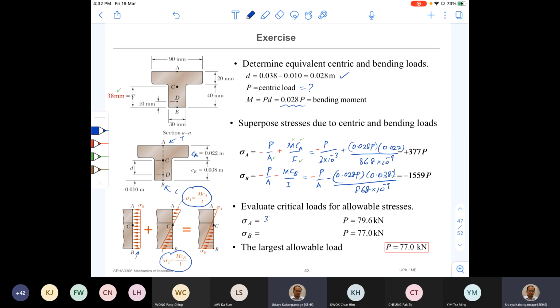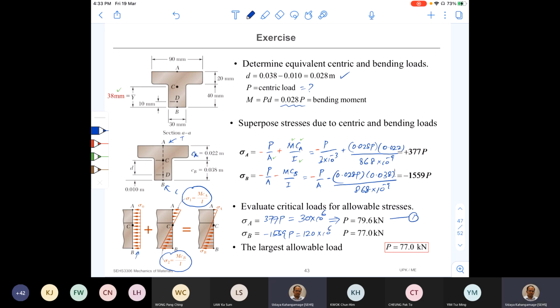Therefore, 377 P is the sigma A. It should be less than or equal to 30 megapascal. So I will use this equal sign to get the maximum value, 30 into 10 power 6. So you simplify this one, you can get the answer for P. This is the first one. And sigma B is negative 1559 P, and this should be less than or equal to 120 megapascal.